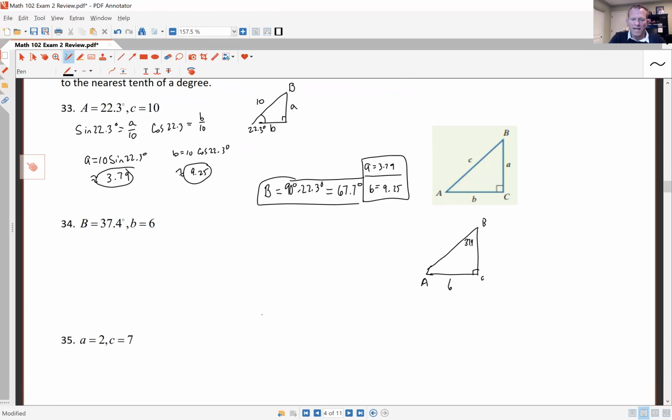And we can find A right off the bat by doing 90 minus 37.4, which is 52.6 degrees for A. All right, so now we want to find C and we want to find little a.